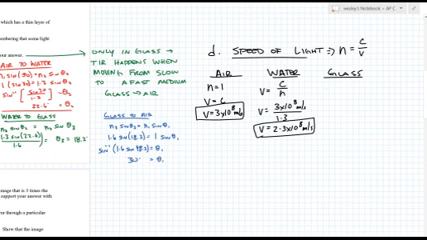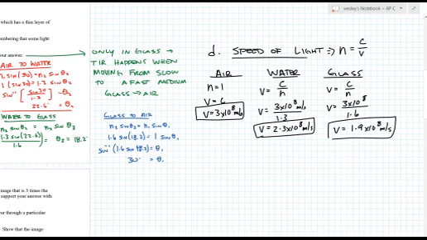In the glass, the velocity again is c over n. So it's going to be 3 times 10 to the 8th divided by 1.6. When we do that, the velocity comes out to be 1.9 times 10 to the 8th meters per second. Okay, let's move on.